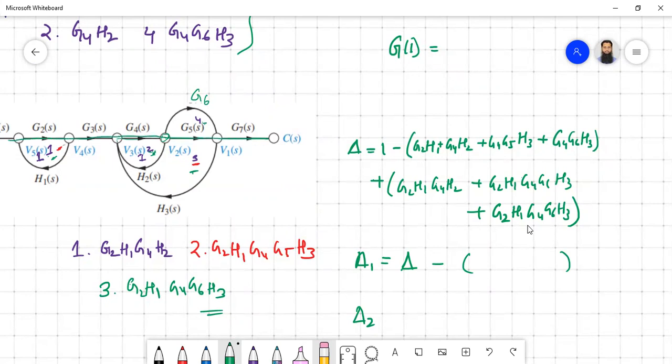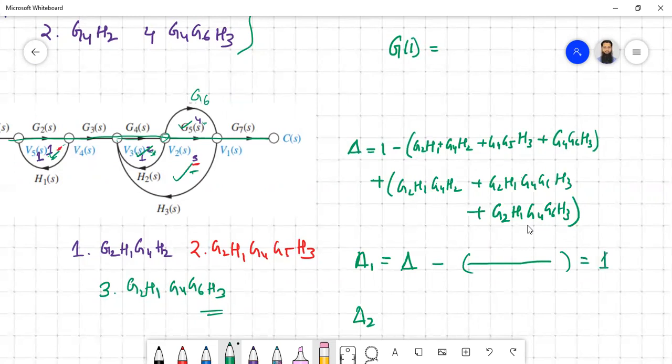Now it is touching this slope, this slope, this slope, as well as that slope. So all the loops are actually touching, and that is why all the gains will be subtracted. So what will be left is only the one. So this value is 1.